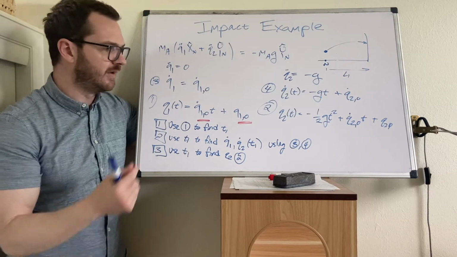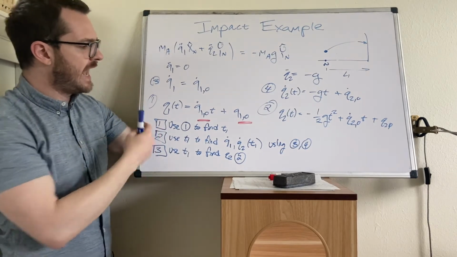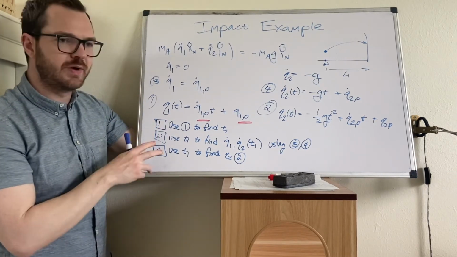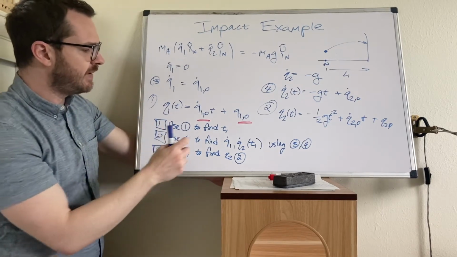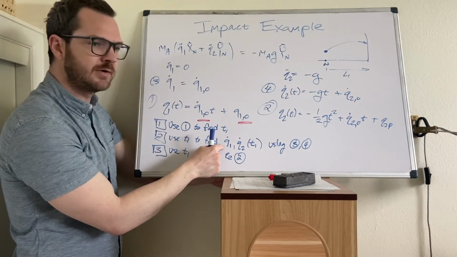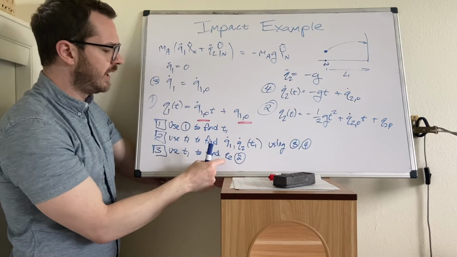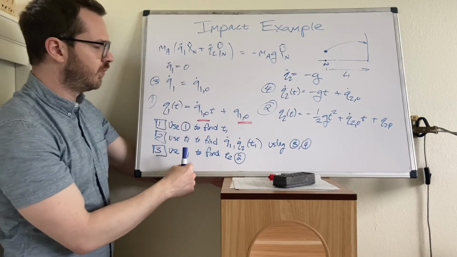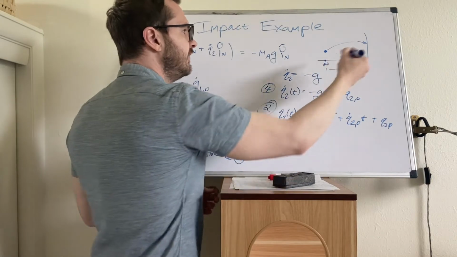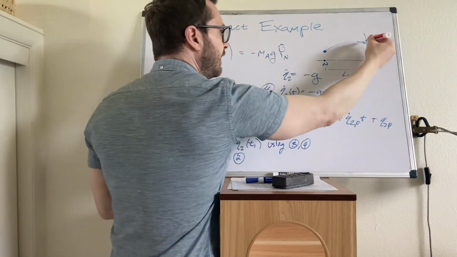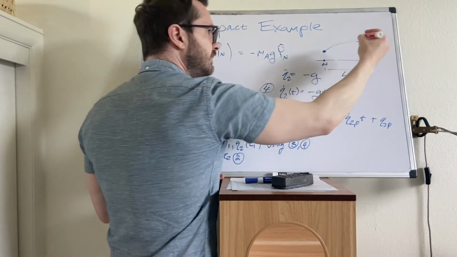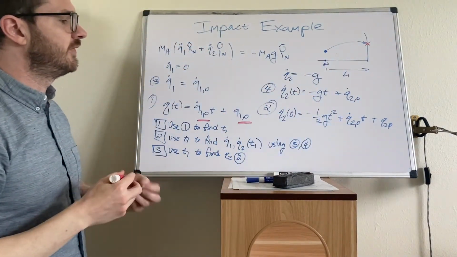What's the usefulness of this? Well, after this first ballistic phase, we're going to go into an impact phase. And what we need in the impact phase is the speeds coming in. So we'll have those. And then why do we need Q2 at time 1? Well, Q2 at time 1 is the height. So that would give us the location of that first impact point.